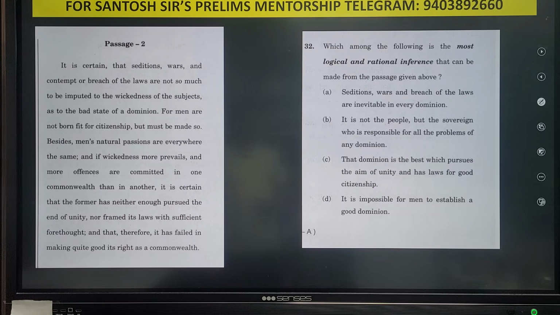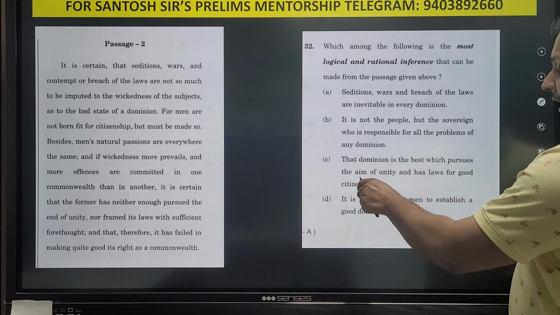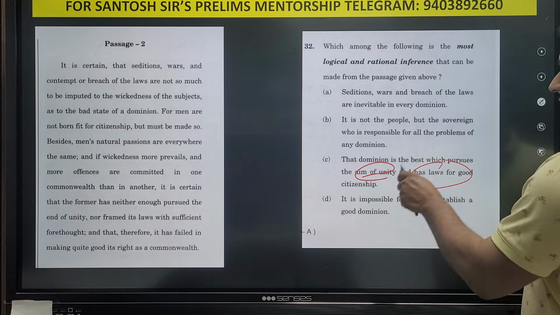It says that men are not born fit to be citizens; they have to be made so. And how? Through the goal of unity and through rational laws, laws with sufficient forethought. I hope you get the passage and you can easily say the answer to this question is option C.